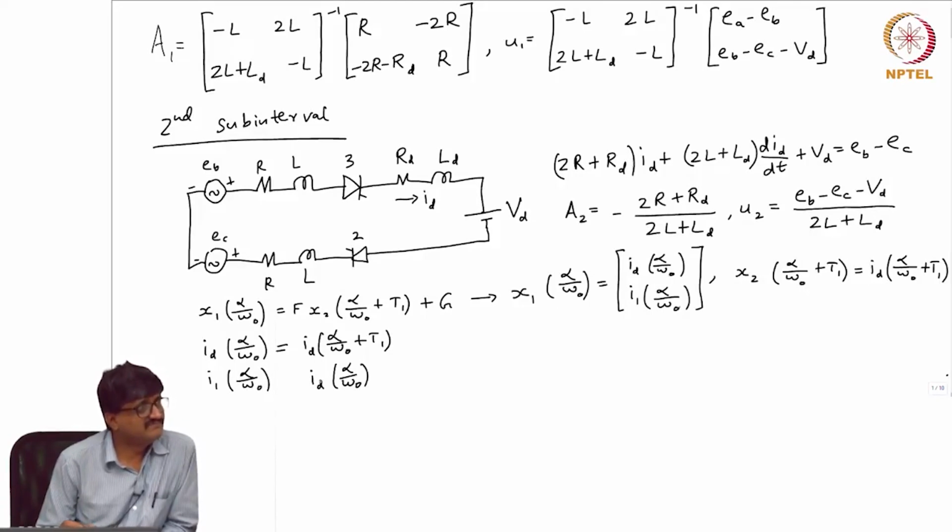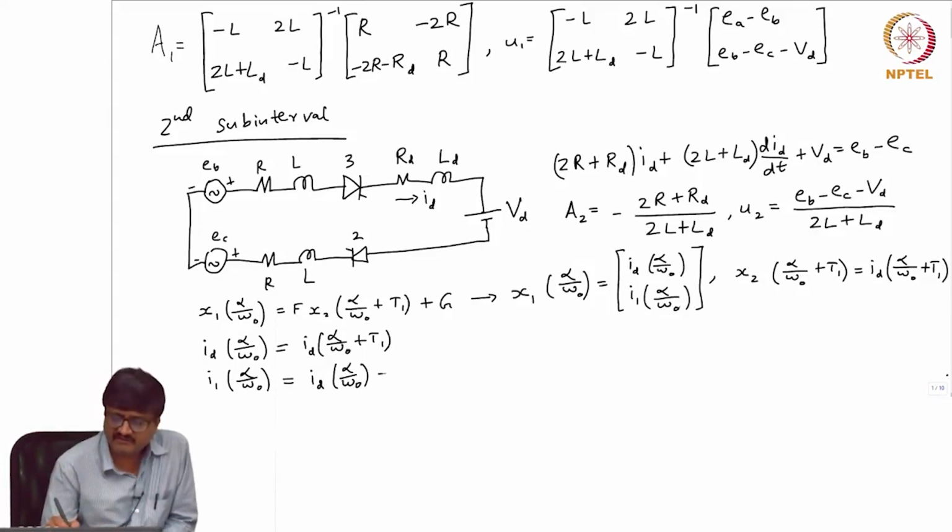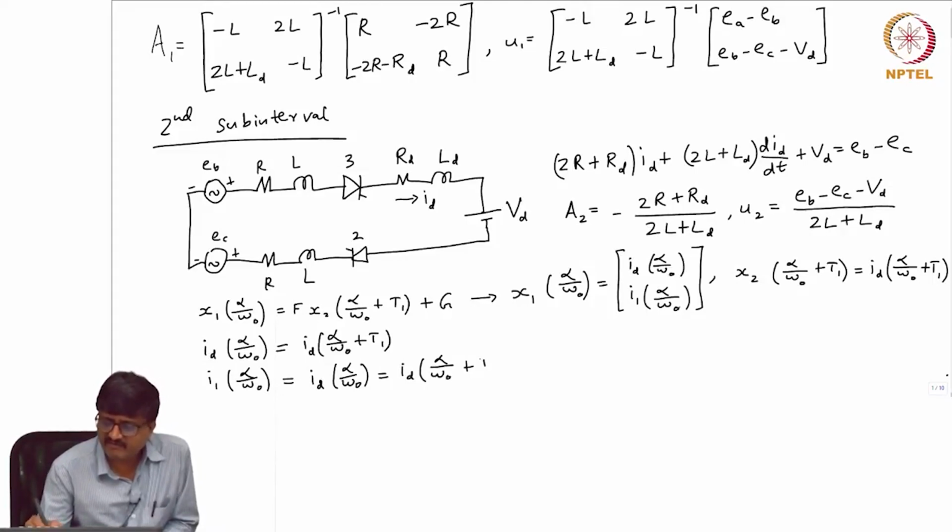At alpha by omega O, I3 is 0. Alpha by omega O is the instant at which 3 is turned on. So, just before 3 is turned on, I1 and ID are the same. At the instant of turning on, I3 is 0, so I1 is equal to ID. Now, from the previous equation, this is also equal to ID at alpha by omega O plus T1.